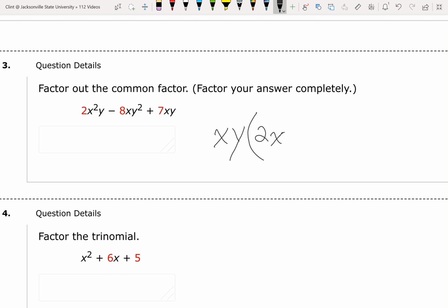And then to get negative 8xy squared, we need negative 8 and a y, because xy times negative 8y will give us negative 8xy squared. And then to get 7xy, we would just multiply by 7.